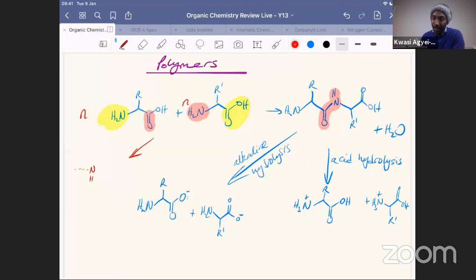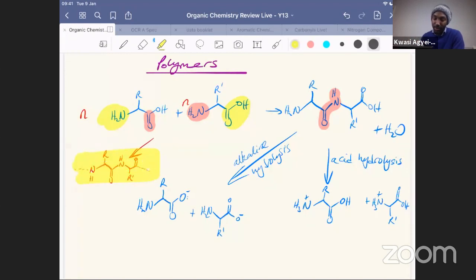the R group there, and then you've got your amide, and then you've got your R prime and your carbonyl group. So that would be the repeating unit, if I can highlight that and annotate that.